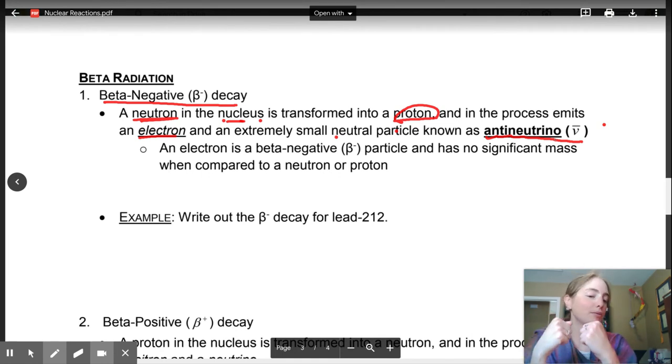So an antiproton has a negative charge but the same mass. A positron is the antimatter to an electron. It's the same mass, but it is positive in charge.